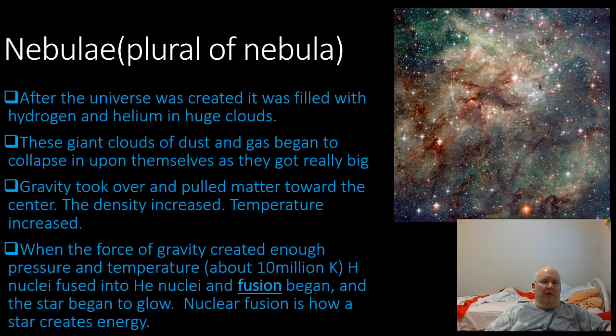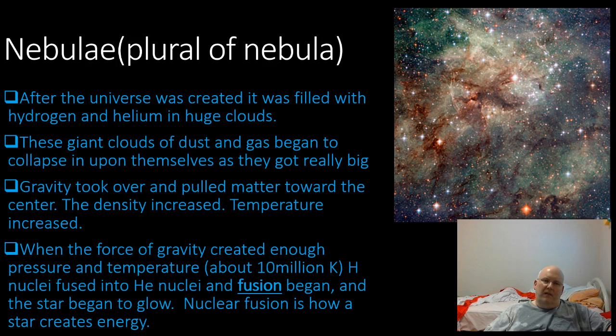So stars are born from interstellar clouds of dust and gas called nebula. And this gas is mostly hydrogen gas, and the dust is basically remnants of leftover debris from exploding stars in the past, and other debris left over from the Big Bang.